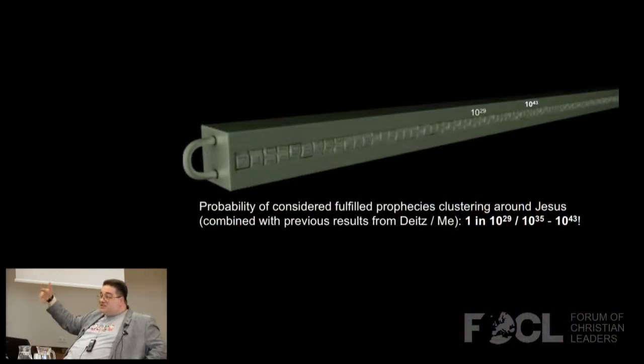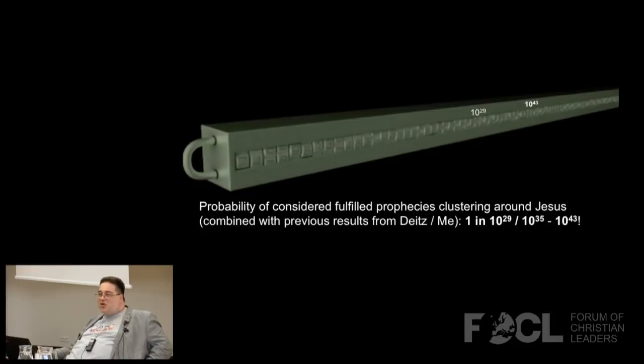The probability of the considered fulfilled prophecies clustering around Jesus, and now combining those with the ones from Ditz or me, now move up to something like 1 in 10 to the 29 to 1 in 10 to the 43. These are astronomically big numbers. Right, let's see what I get to in our last section here.